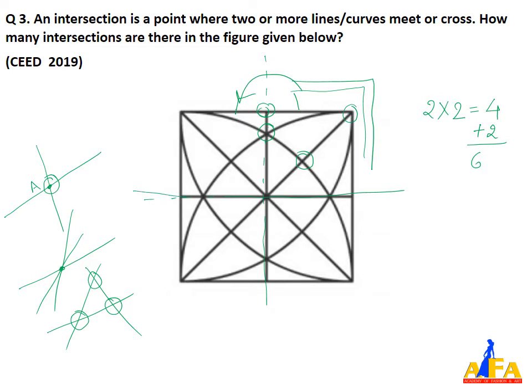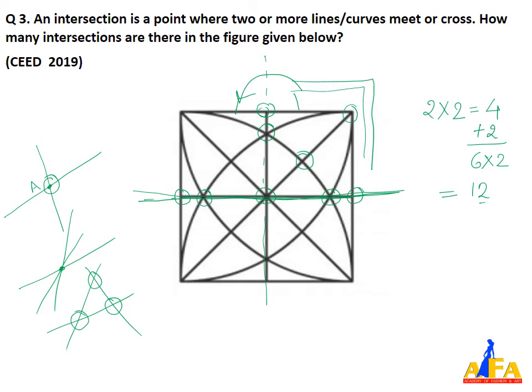So in the upper shape the total number of intersection points is 6. So we will multiply with 2. So 6 times 2 is 12, and then we will add the common points. So common points come to 1, 2, 3, 4 and 5.